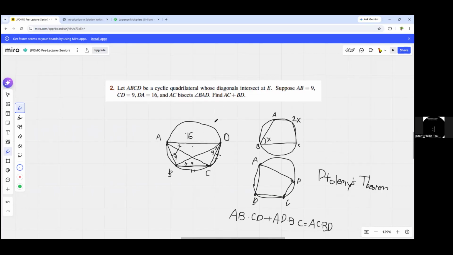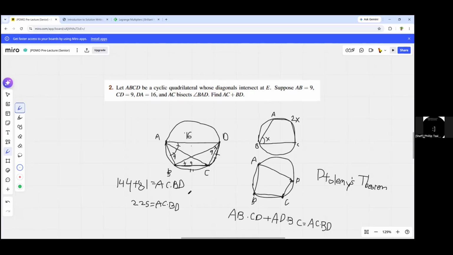Notice that AD times BC is equal to 16 times 9, which is 144, plus AB times CD, which is 81, is equal to AC times BD, which means that 225 is equal to the product of AC and BD, right?